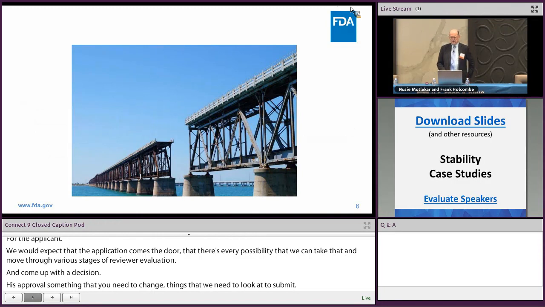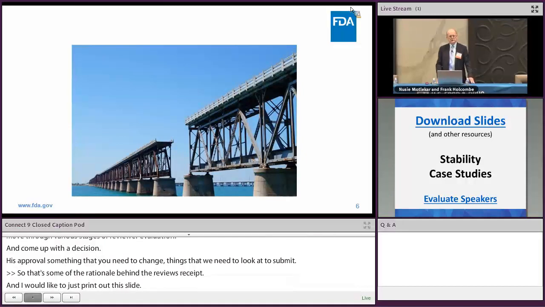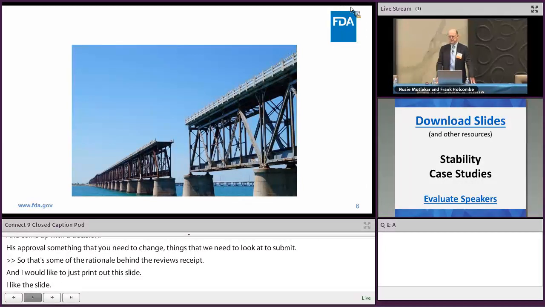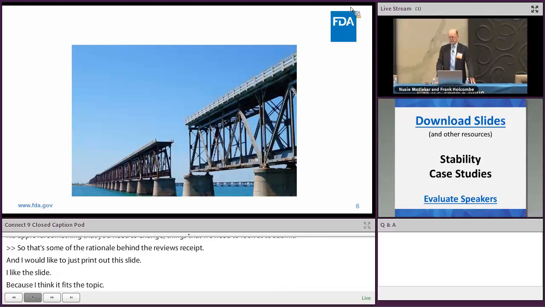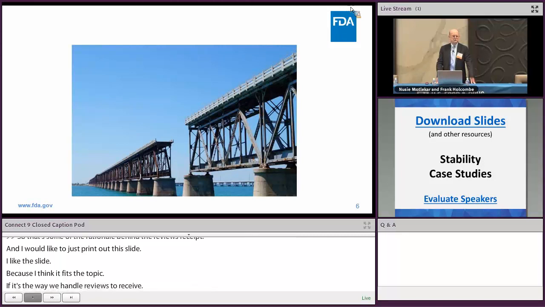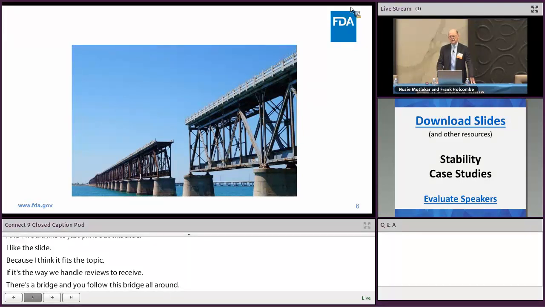And I'd like to just point out this slide. I like this slide because I think it fits the topic and it fits the way we handle refuse to receive. There's a bridge, and if you follow this bridge all the way around, you'll see that it's a pretty long bridge. If you want to compare this to a product application path, you could do that.